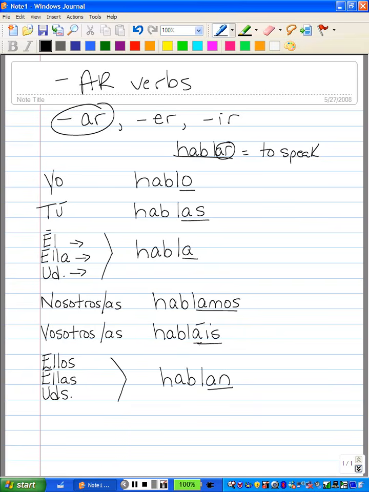Ellos hablan, they speak. Ellas hablan, they speak. Or ustedes hablan, y'all or you all speak. So what we've done here is we've taken off the AR of that verb. We've put an O, an AS, an A, AMOS, AIS, and AN.